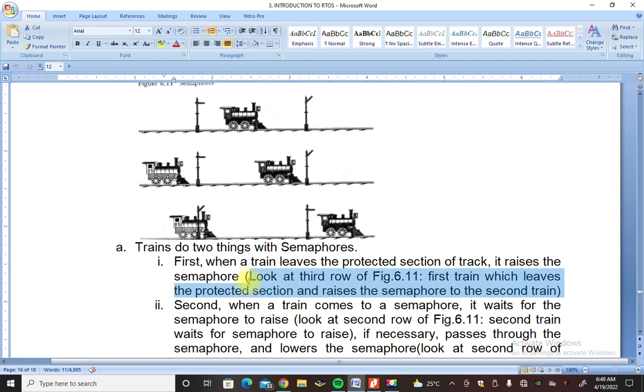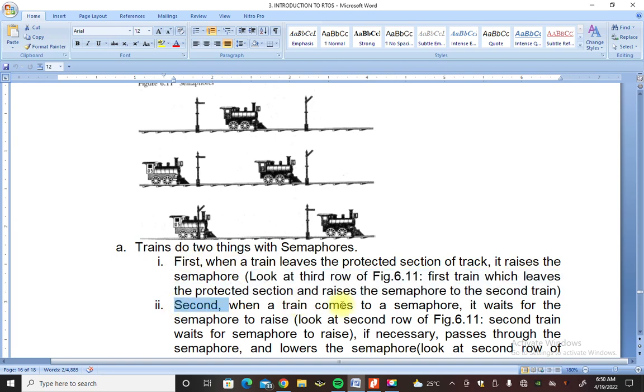So when it leaves the protected section, it raises the semaphore, and the second train can come over here. That is what is mentioned here.